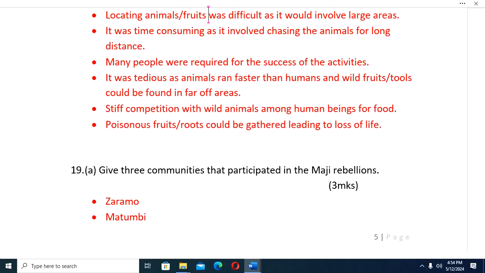Next, it was tedious or tiresome as animals ran faster than humans, and wild fruits could be found in far off areas. Next, stiff competition with wild animals and among human beings for food. Next, poisonous fruits or roots could be gathered, leading to loss of life.